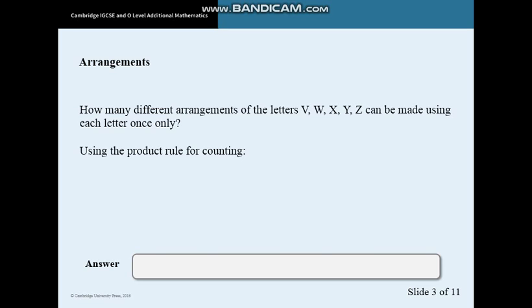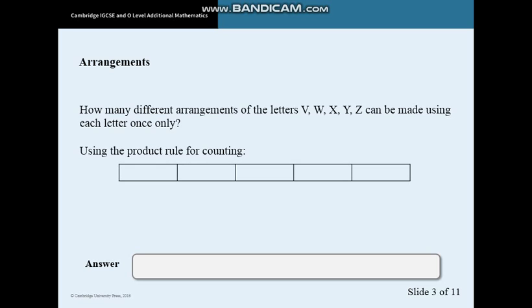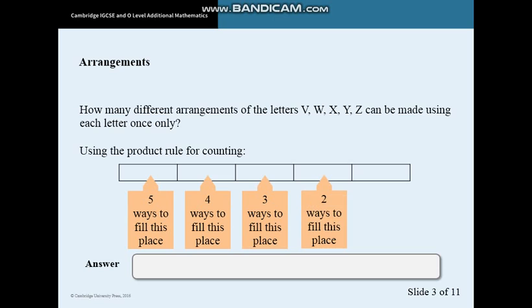Now we will use letters, which can be used only once each. Using the product rule for counting, as we did before, because we have 5 letters, we have 5 boxes. In the first place we can use any of them, then 4, 3, 2, and 1.